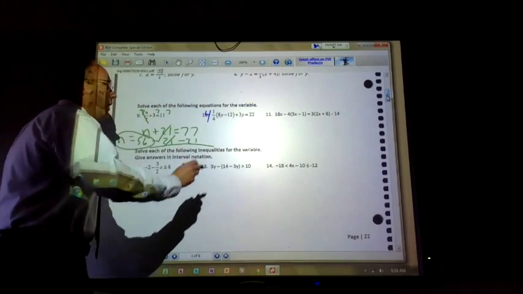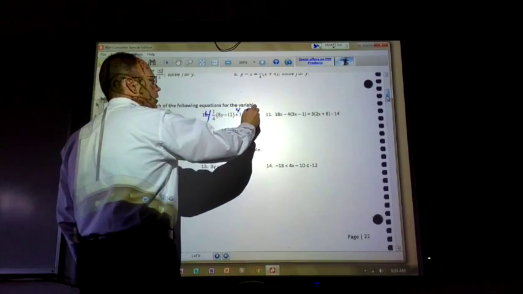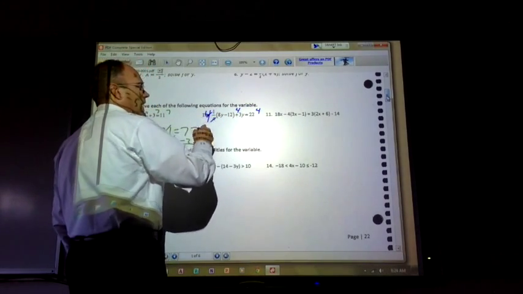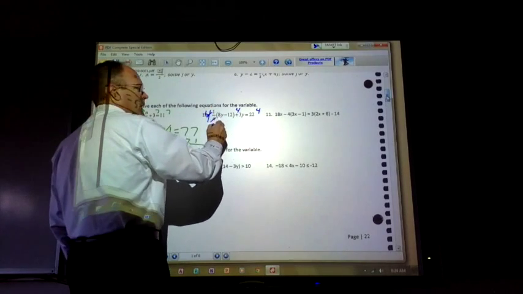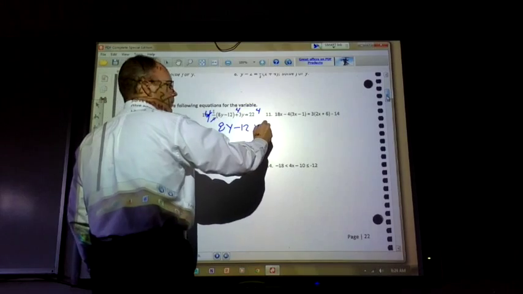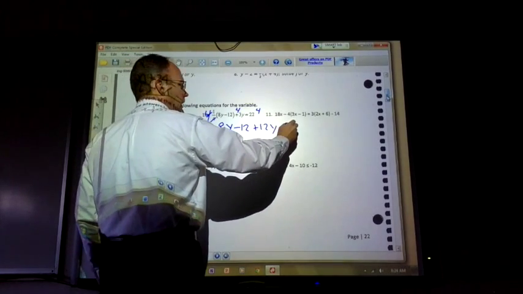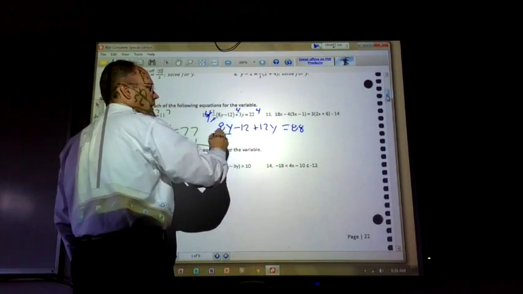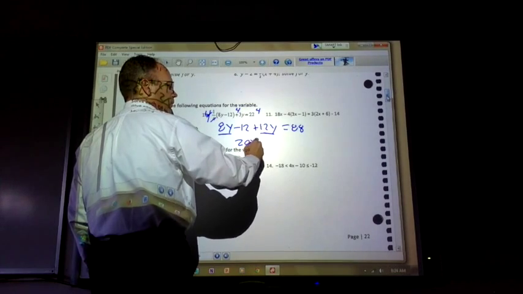Could I have distributed? Absolutely. I'm going to do that. This is going to cancel that. That's the same thing as 4 over 1, right? And that's just going to drop the parentheses. And then I'm going to get this, and that gives me 88. Combine our like terms, which are those 2.